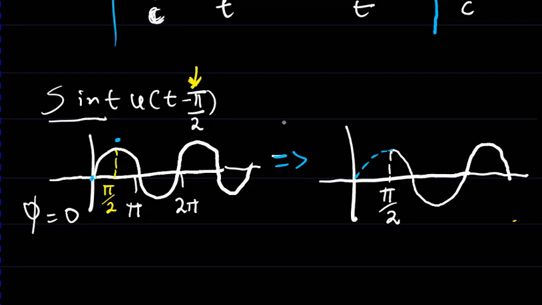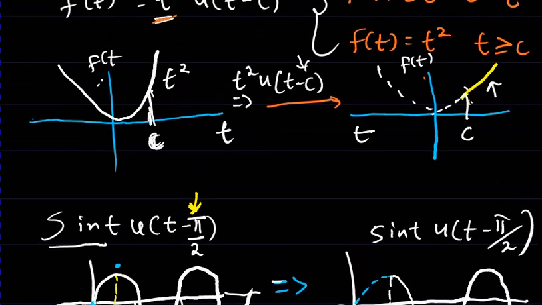So it is going to step it forward. Okay, so this becomes the graph. So now what we see here becomes the graph of sine t, u of t minus pi all over 2. So please take note of that.